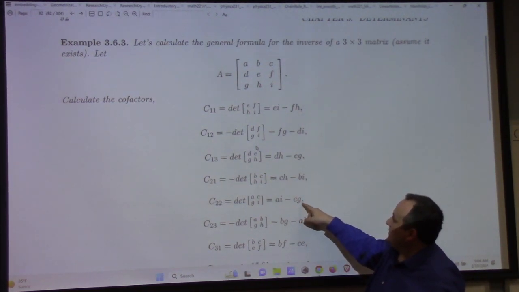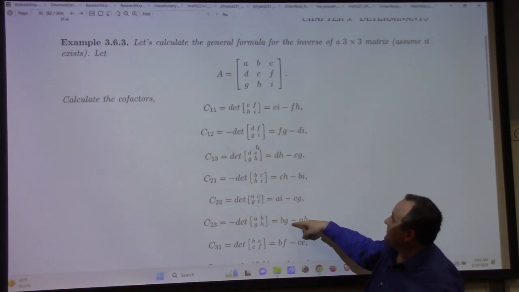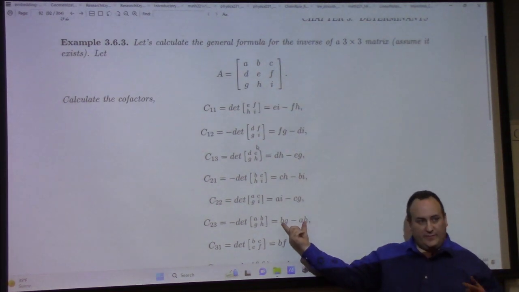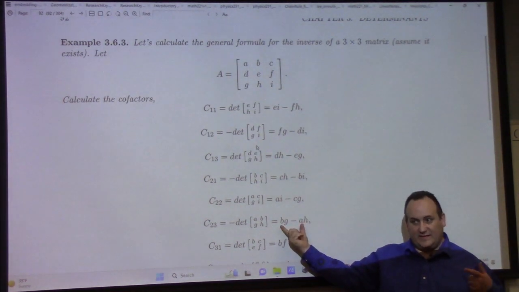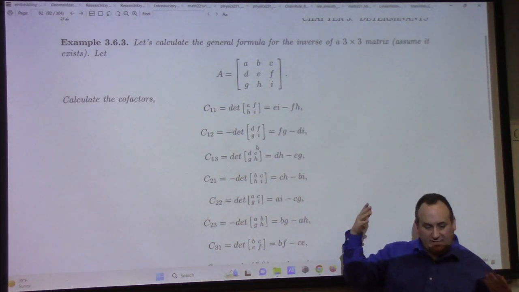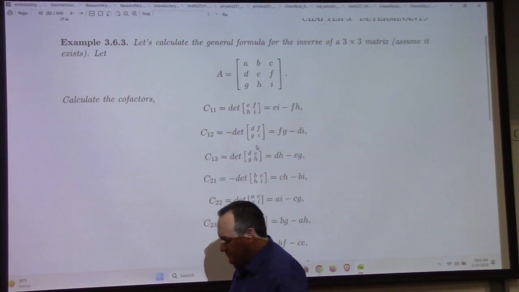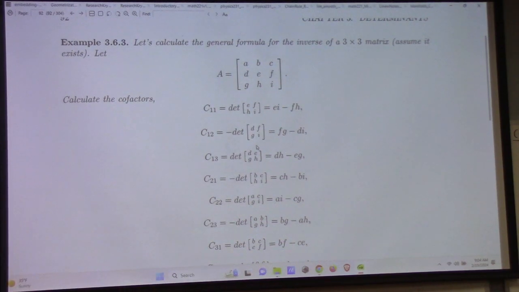For C23, on the other hand, you cross out the second row and the third column, so that leaves you AH minus BG, but it's not AH minus BG because remember, the plus-minus thing is happening. So you cross out the row and the column and add the plus-minus, and that's how you obtain these.